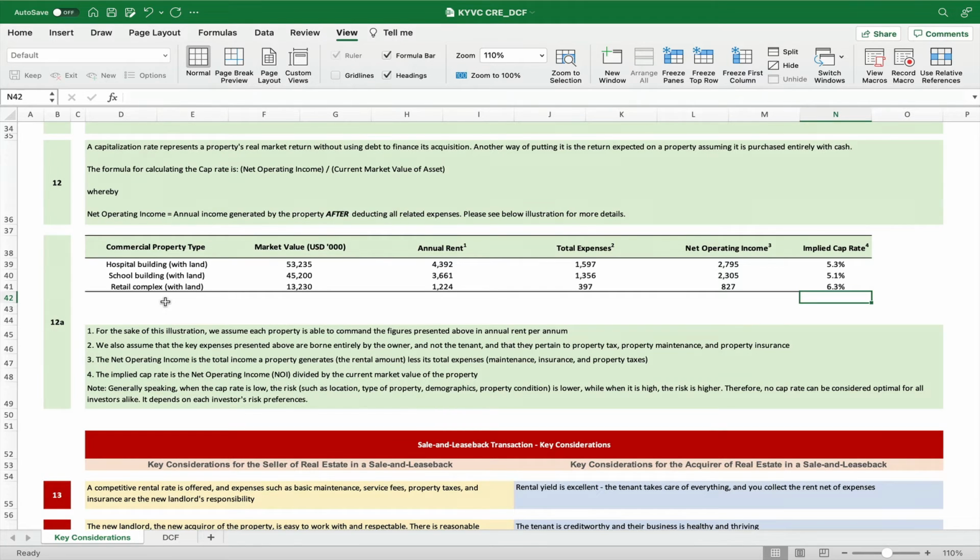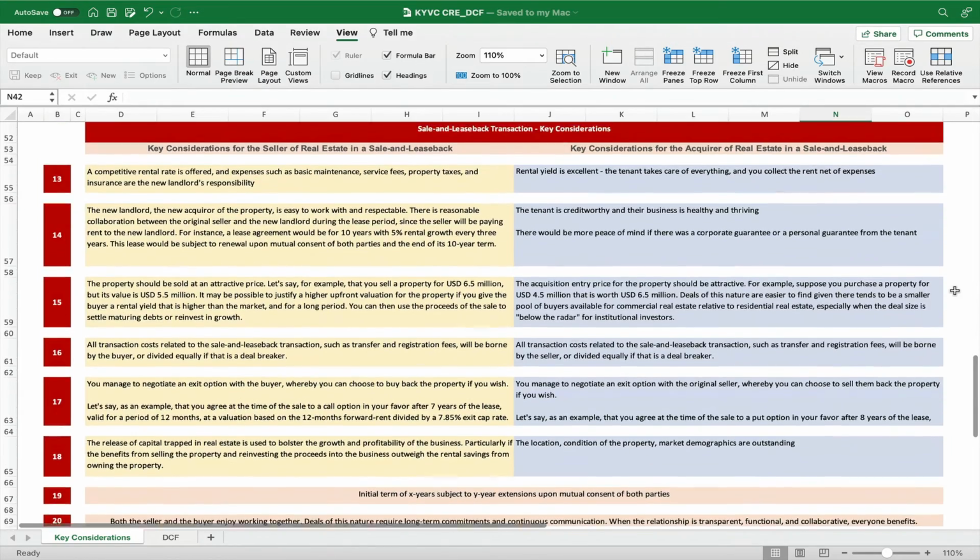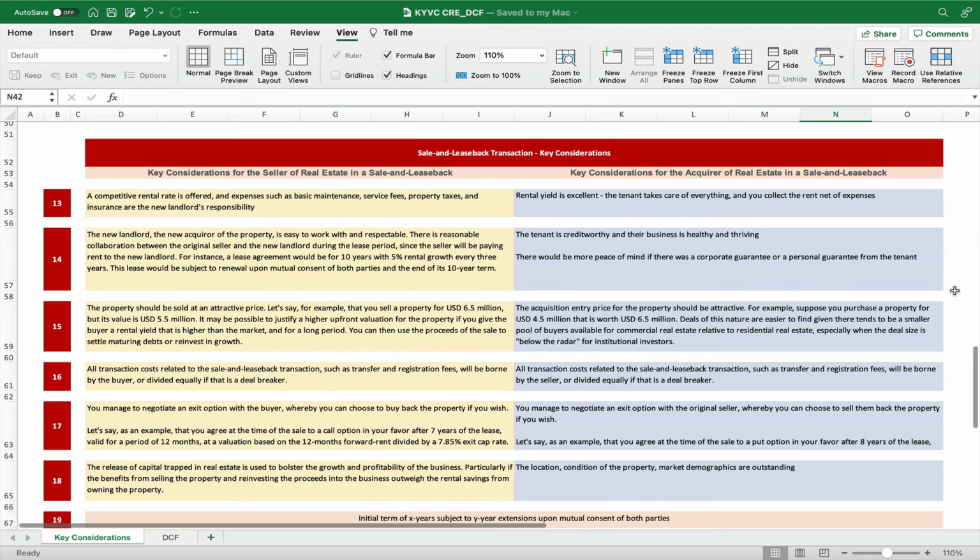Now that we've gone through certain commercial real estate ideas and concepts, I want to take you back to the sale and leaseback transaction that we discussed earlier in this video, and do a side-by-side comparison.